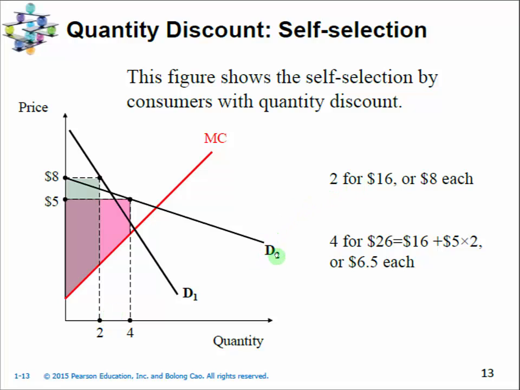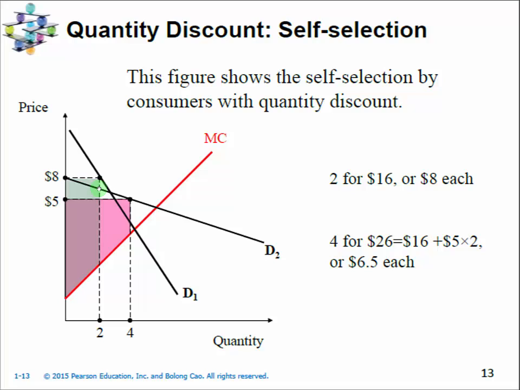The second customer has a very different demand curve. You can say it's more elastic, but basically this customer has a lower willingness to pay than the first customer on the first 2 units. But for the third and fourth units, the second customer has a little higher willingness to pay than the unit price, $5, in the 4-unit package.